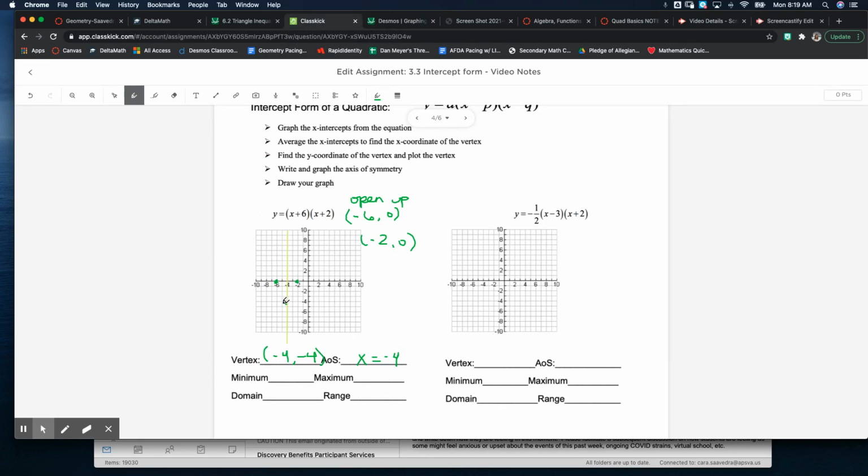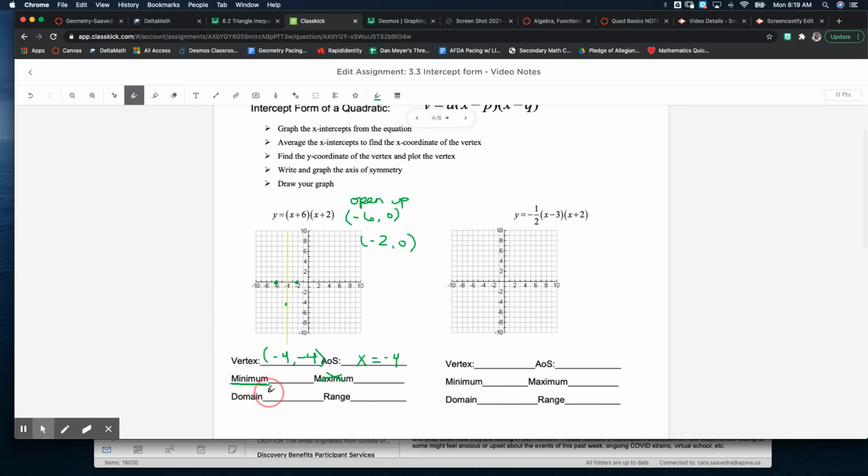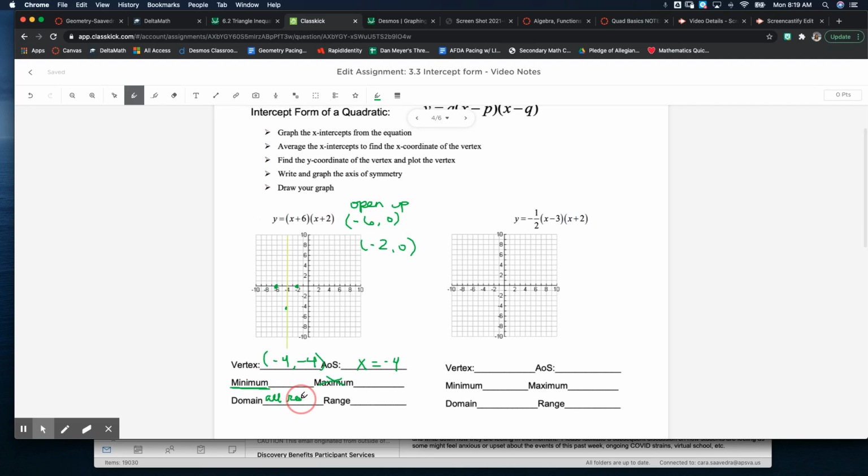All right, now this is definitely a minimum value, and this graph doesn't have a maximum. It's one or the other, okay? And my domain, always, all real numbers. And then my range is all of the values starting at -4, but then getting larger.